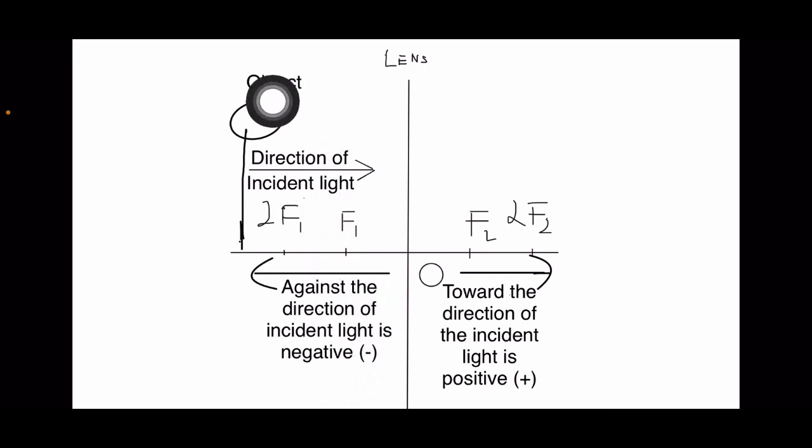The object is towards the left side and hence it is negative. The image is also formed at F1 or towards the left side and hence it is also negative. It forms towards the left side because in the case of concave lens, all the rays are diverging and not converging like in the case of convex lens.